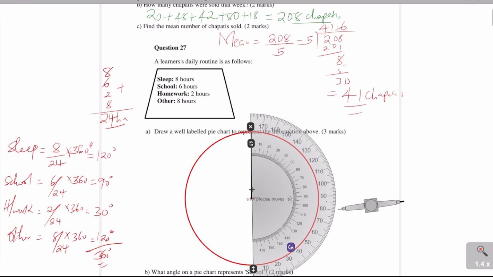So you place it like that. So 120, you're measuring now from this. This is 0, 10, 20, 120, somewhere there. So 120 will be there.